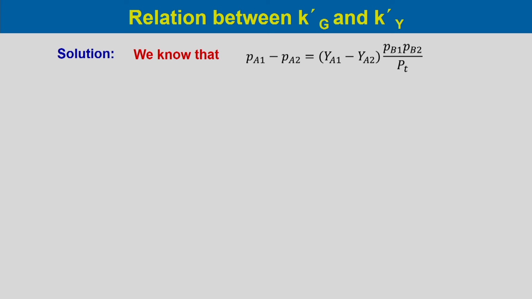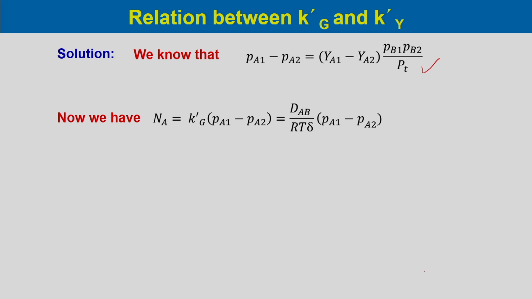Now, we know that Pa1 minus Pa2 would be equal to capital Ya1 minus Ya2 into Pb1 into Pb2 by Pt. So, we have Na is equal to kg dash Pa1 minus Pa2, which is equal to dAb by Rt delta into Pa1 minus Pa2. So, if we substitute dAb by Rt delta into capital Ya1 minus Ya2 into Pb1 into Pb2 divided by Pt, this part we can write as ky dash into Ya1 minus Ya2.